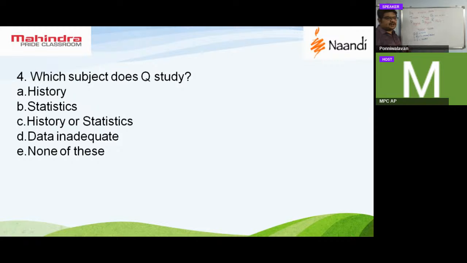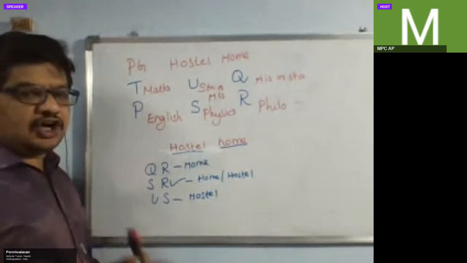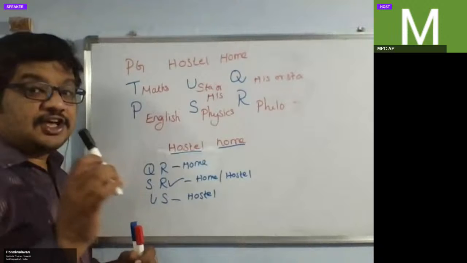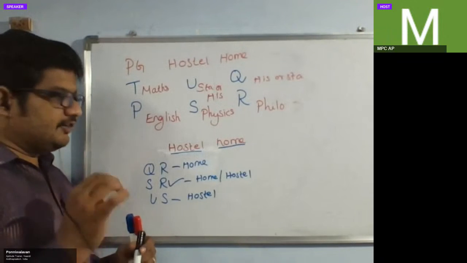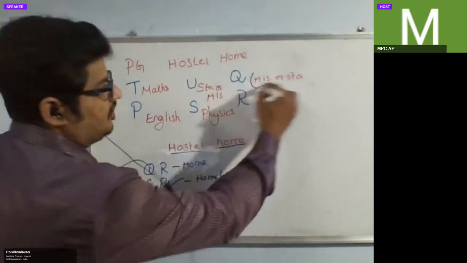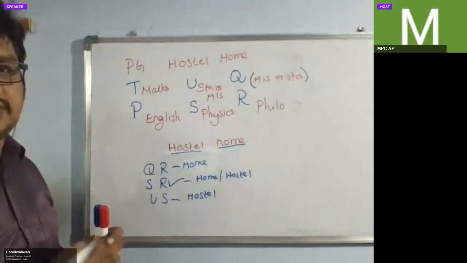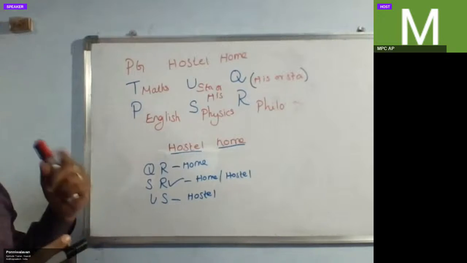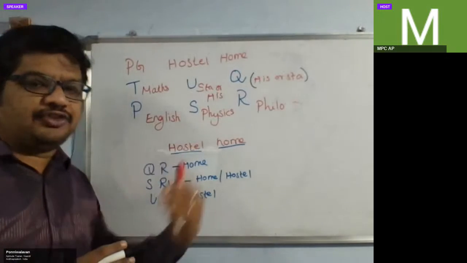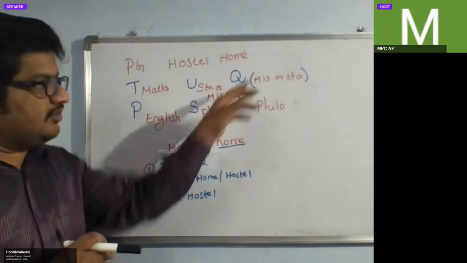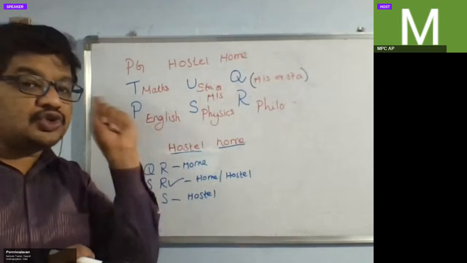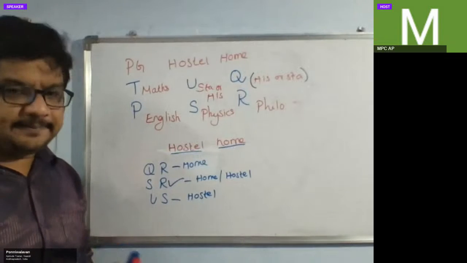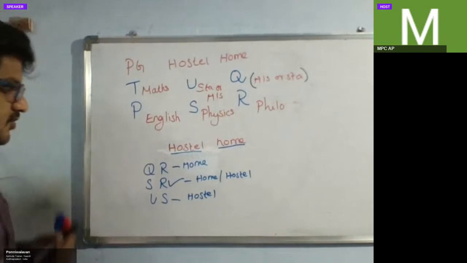When there is an option of history or statistics, don't choose data inadequate. If there is no option called history or statistics, then we can choose data inadequate, meaning data is not enough to give the answer. But here we know it is history or statistics, and that option is available, so you have to choose that option. I will explain this.